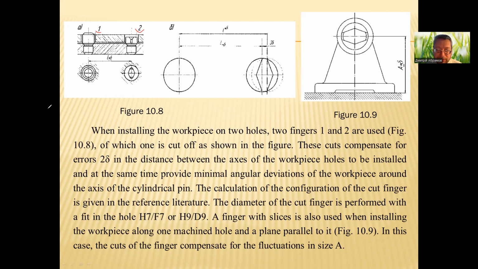These cuts compensate for error delta in the distance between the axes of the workpiece holes to be installed, and at the same time provide minimal angular deviations of the workpiece around the axis of the cylindrical pin. The calculation of the configuration of the cut finger is given in the reference literature. The diameter of the cut finger is performed with a fit in the hole, H7, F7, or H9, D9.